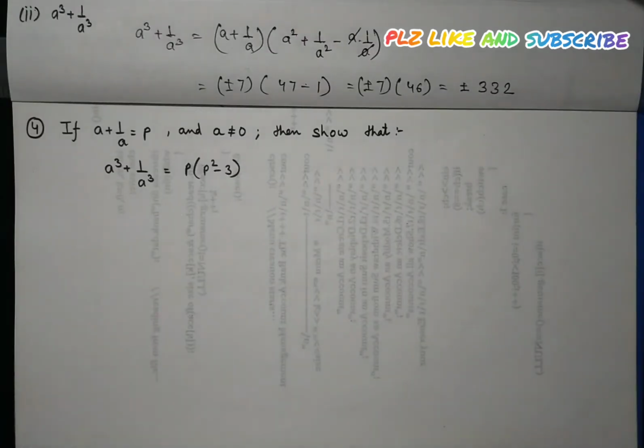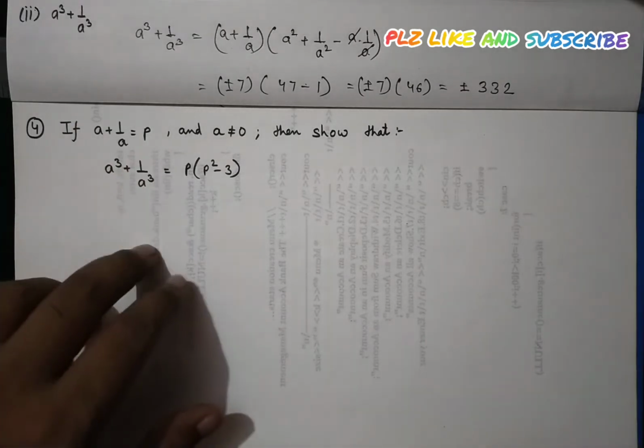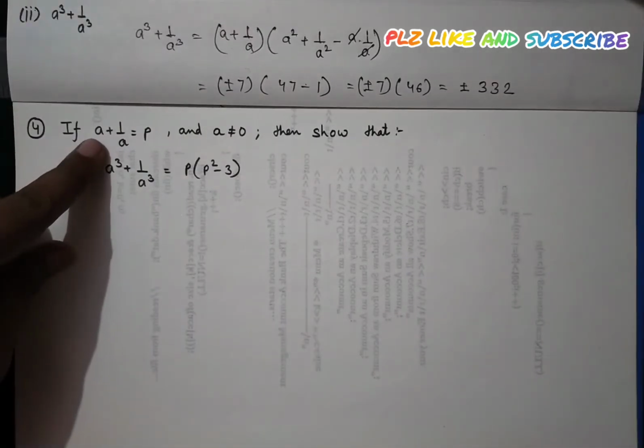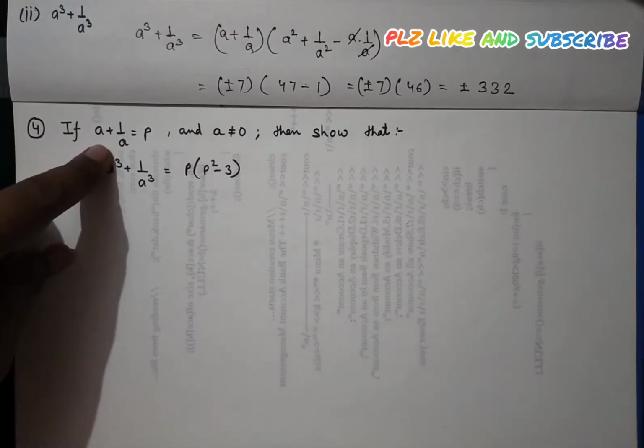Here we have the question in which a plus 1 upon a equals p, and we have to show that a cube plus 1 upon a cube equals this one. So we are going to start with taking the cube on both sides of this one.